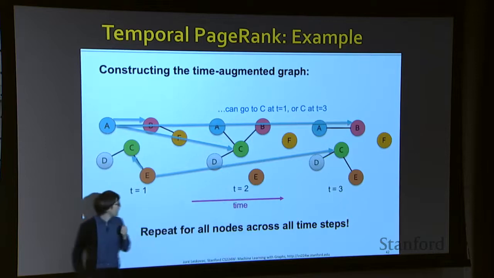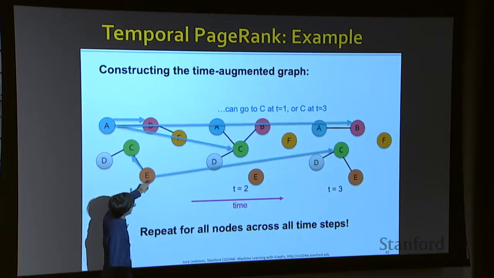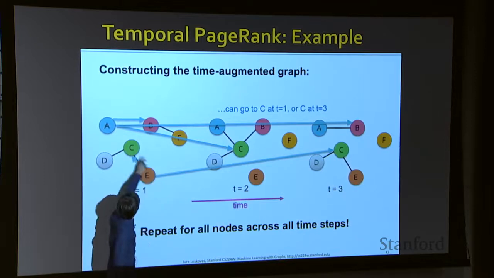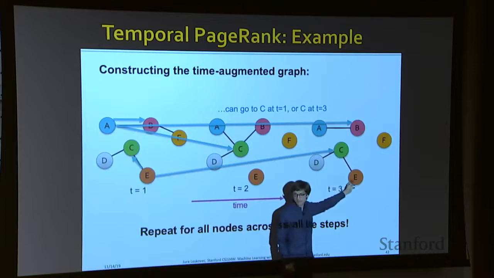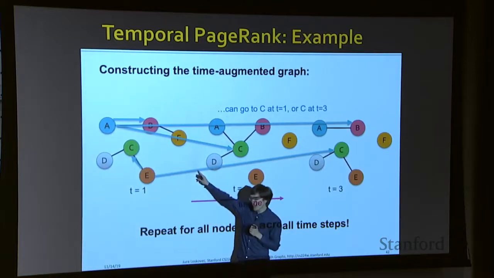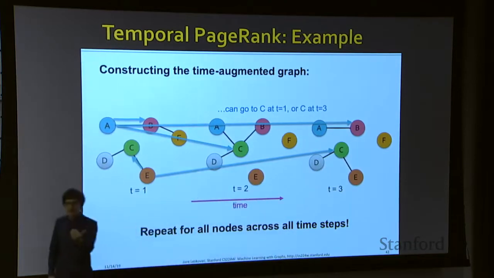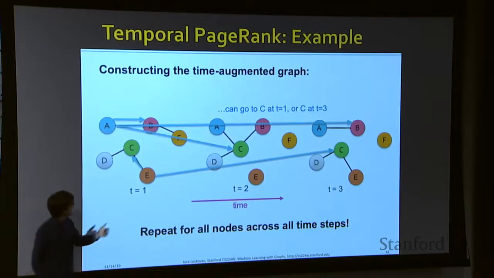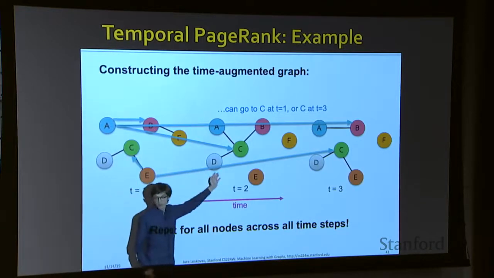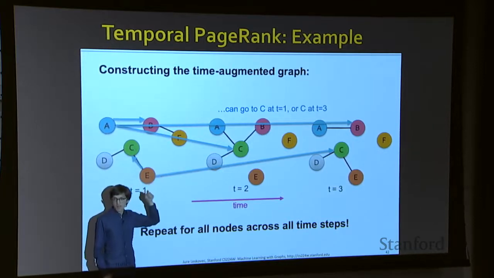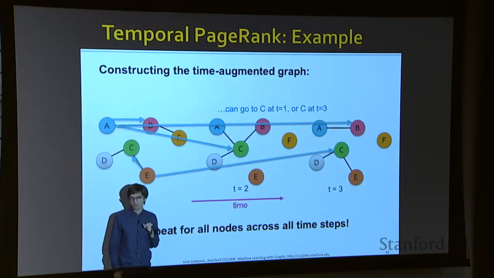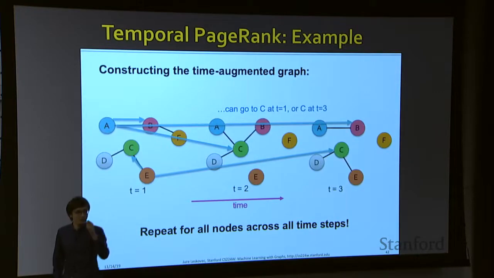The reason is that, of course, I could make an edge from E to C, and then I would also make an edge from C to E, right? But I want these edges to be directed because of time-respecting walks, right? If you think about PageRank, I only want to go here. I cannot go back into the past. So these edges that go across time have to be only forward-pointing, right? That's essential. Yes?